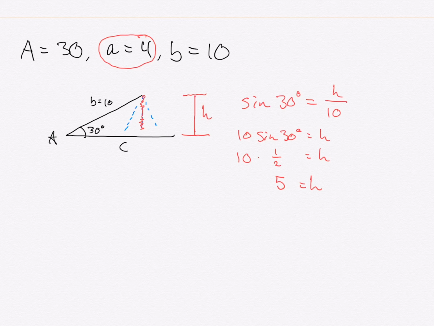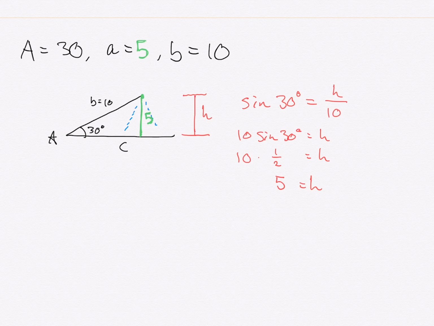Then, the h that we were talking about, when we draw that in, means that the rope hanging off the end of the ramp coming down would touch the ground perfectly. It fits right in there. It meets the ground at a right angle, and it means that we have one triangle.